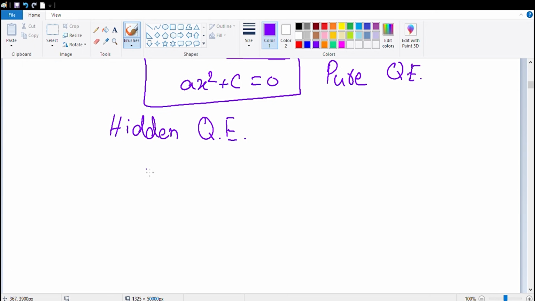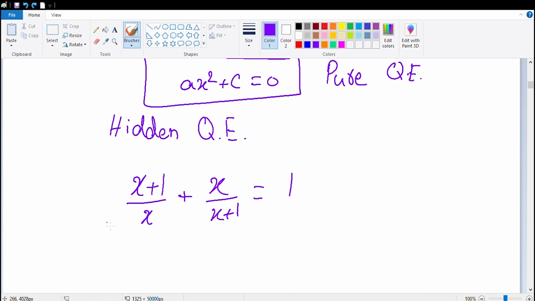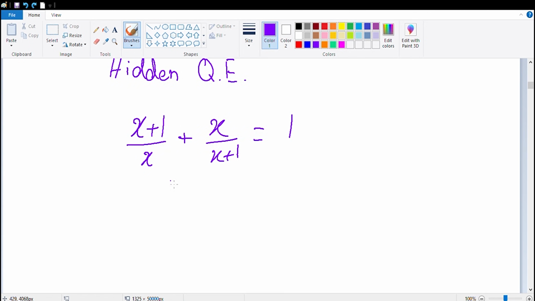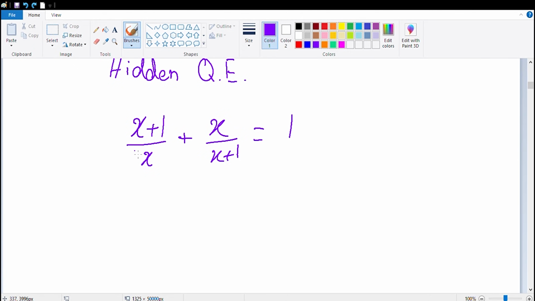They look like simple expressions such as x plus 1 over x plus x over x plus 1 is equal to 1. Something like this. It doesn't look quadratic at all, does it? It may be linear, it may be cubic. We can't tell. So all we have to do here is simplify it a bit, and we'll see whether it's quadratic, or cubic, or quartic.